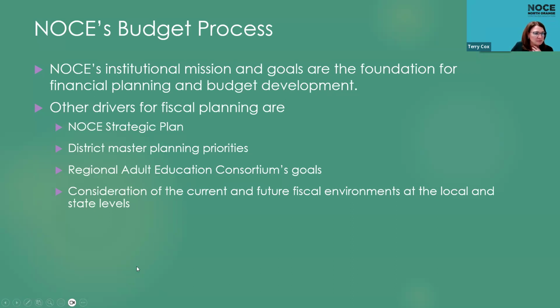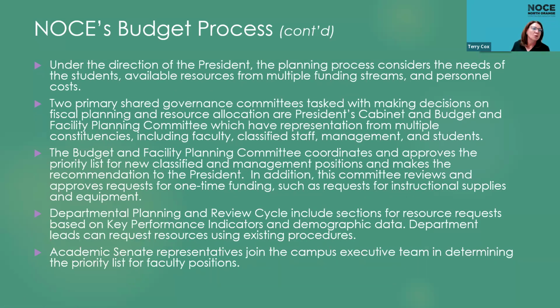Next slide. So once we consider all of those factors, then under the direction of our president, the planning process considers the needs of our students, available resources from multiple funding streams, and our personnel costs.